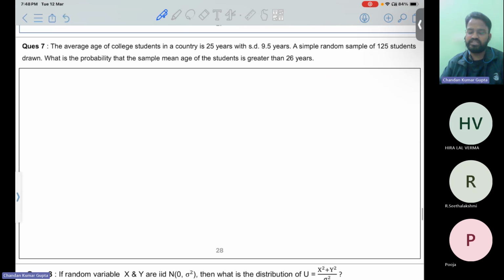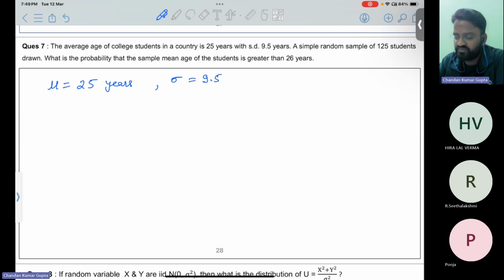Now the next question is: the average age of college students in a country is 25 years. So we are given the average age mu as 25 years, and standard deviation sigma as 9.5 years.